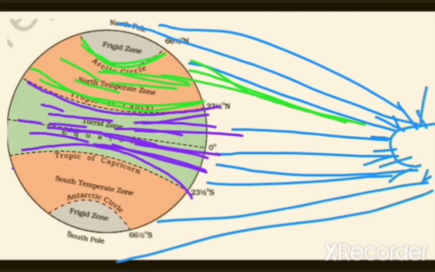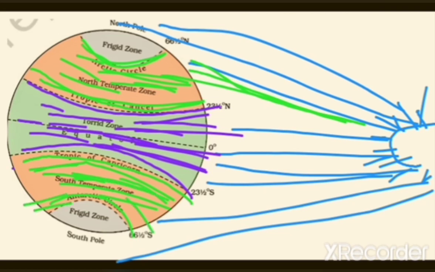The rays are slanting, that is why this area and this area, the area between Tropic of Capricorn and Antarctic Circle, are also receiving the slanting rays. That is why this area receives moderate heat and is known as the temperate zone.